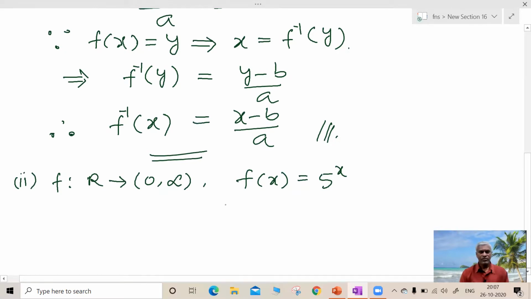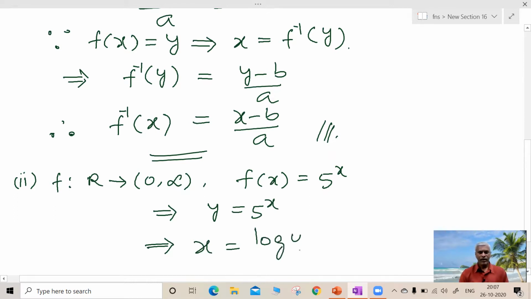As f of x is equal to y, you write y in place of f of x. From this, x is equal to log of y base 5. So this is the x value.